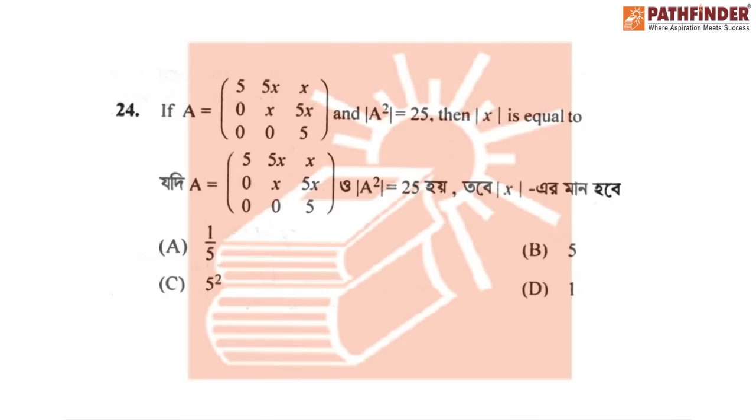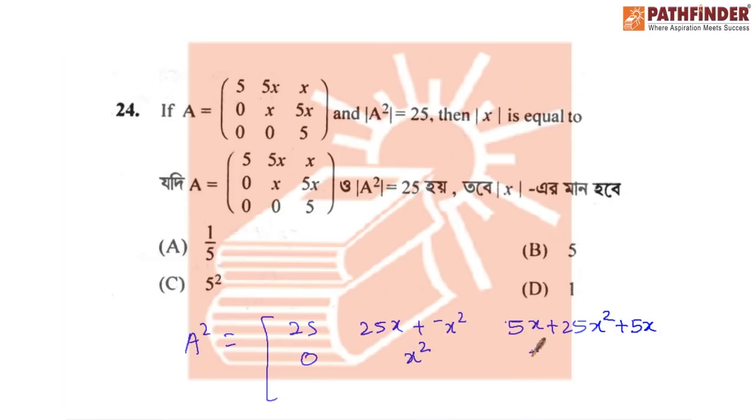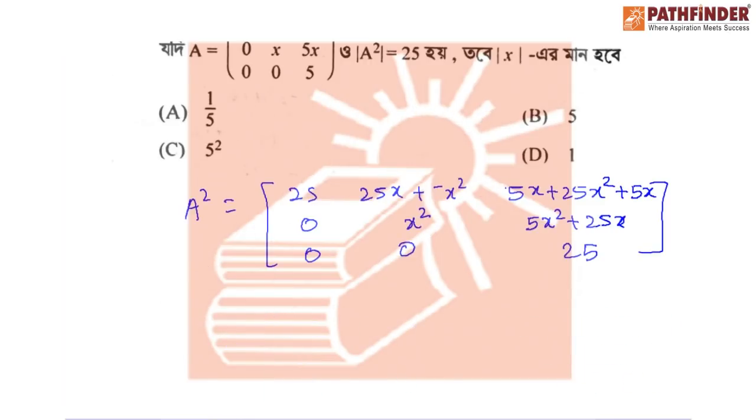Now 24. Question number 24, it is given that A is a matrix, A square is 25. So we will calculate A square, which is 25, 25x plus 5x square, 5x plus 25x square plus 5x, 0, x square, 5x square plus 25x, 0, 0, 25.